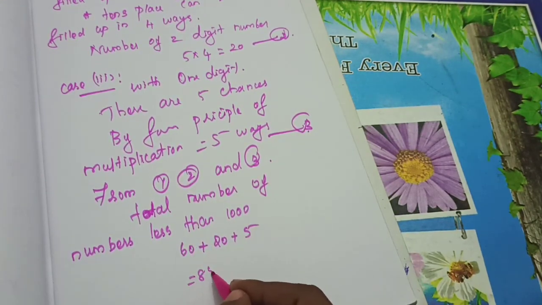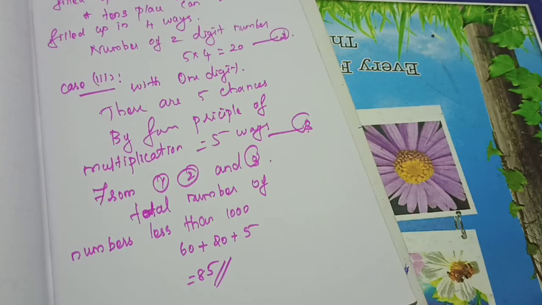How many numbers? 85. Numbers less than 1000 according to the given question. You may have a doubt that less than 1000 there are only 85 numbers. Yes, no? Using that condition given in your question, we have found out the numbers.